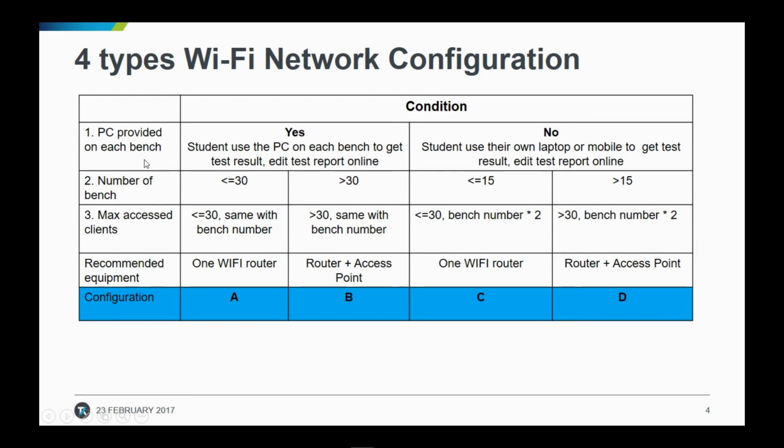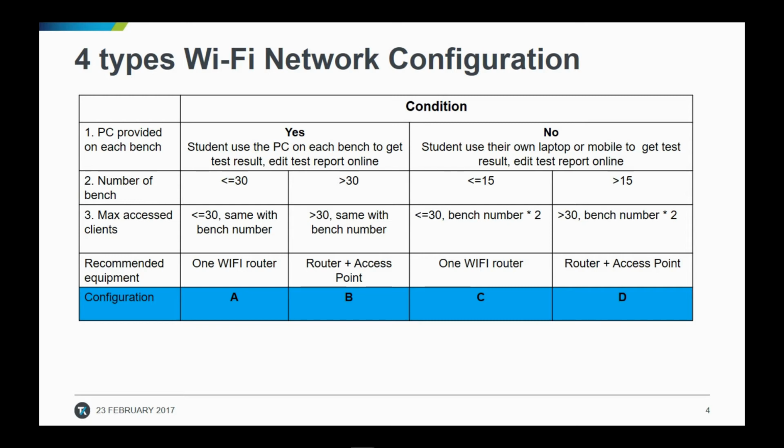There are 3 criteria. The first one is whether a PC will be provided or not on each bench. And then we need to know the number of the benches in the lab. With these 2 pieces of information, we can decide the maximum accessed clients.